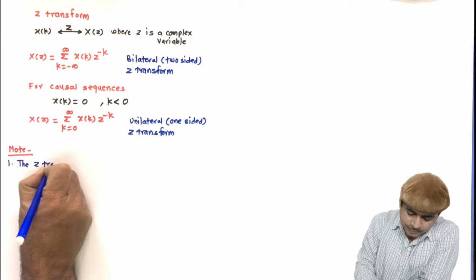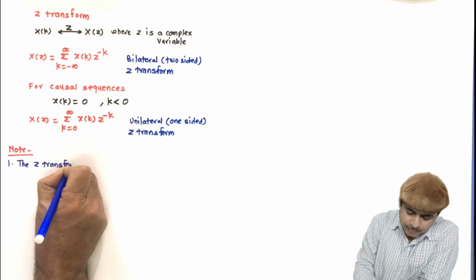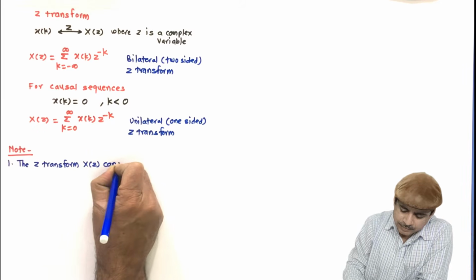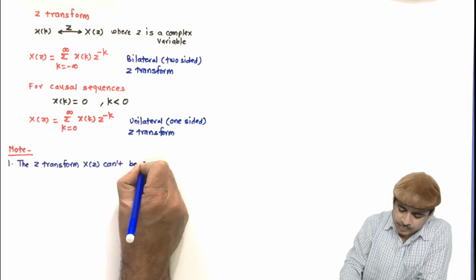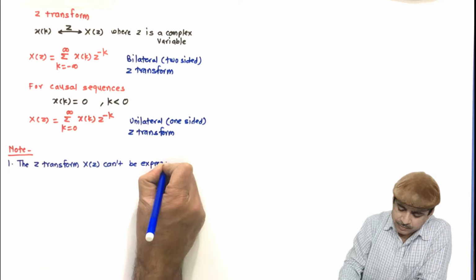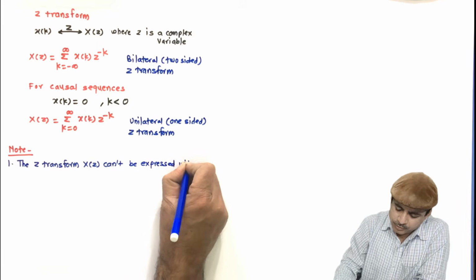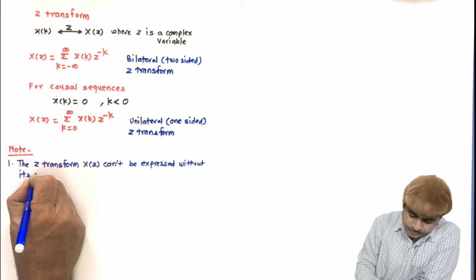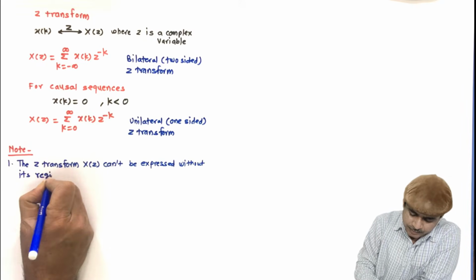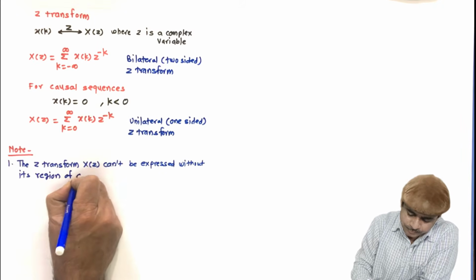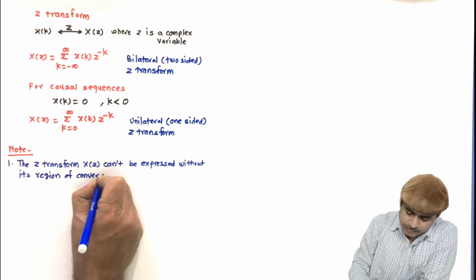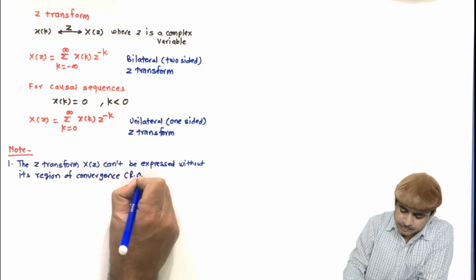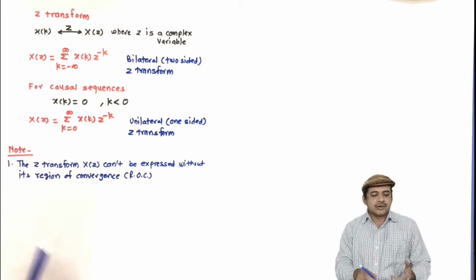the Z transform x of z cannot be expressed without its region of convergence, that is ROC. Now what is ROC?